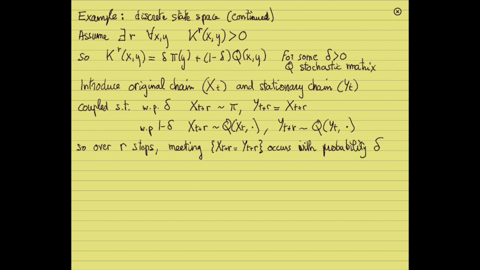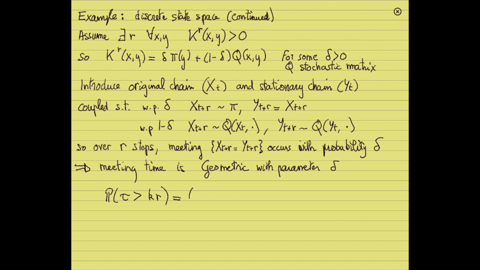So every time we do this R-step transition, we have a delta probability of meeting, and thus the meeting time follows exactly a geometric random variable with success probability delta. So that's a random variable on the integers, such that the probability that tau is more than k times R, for an integer k, is exactly (1 minus delta) to the k.